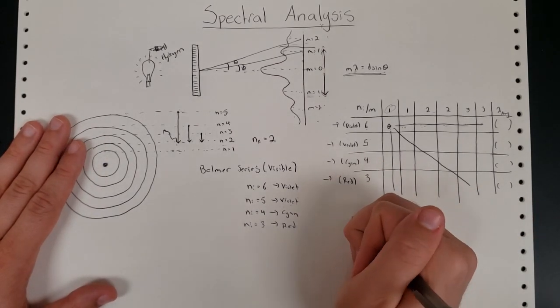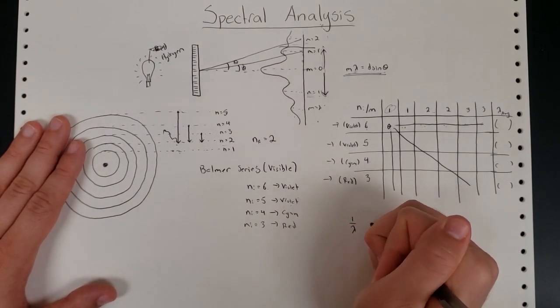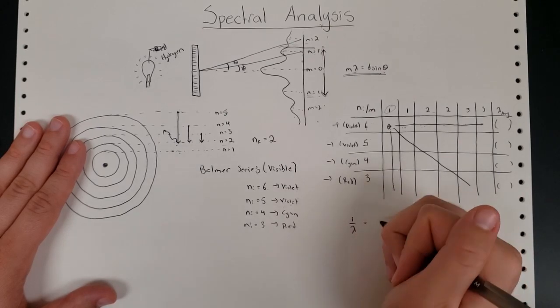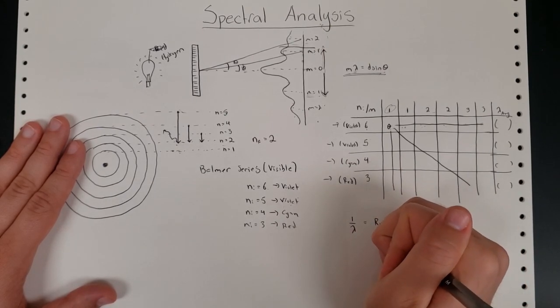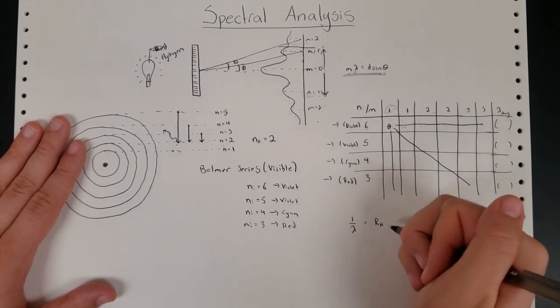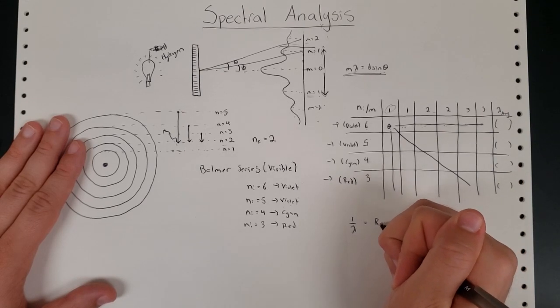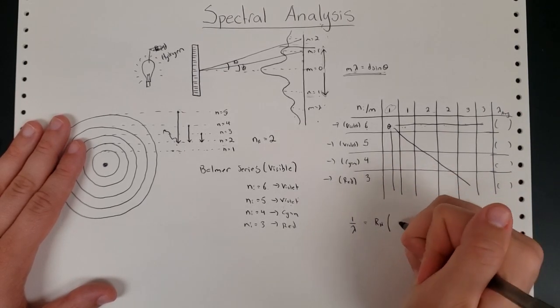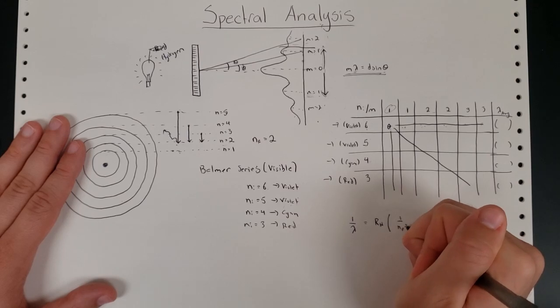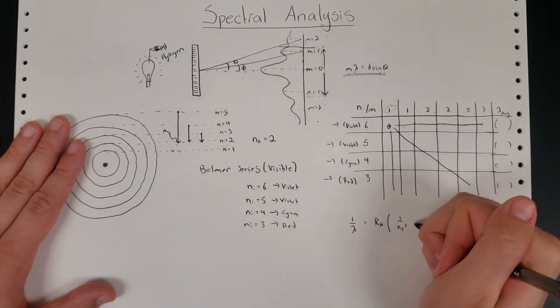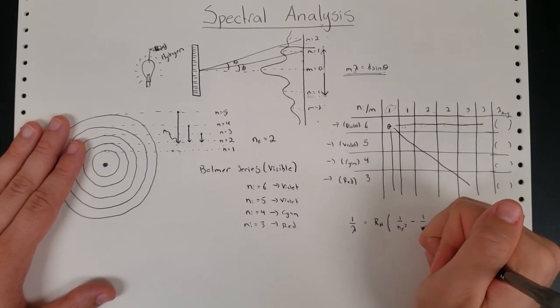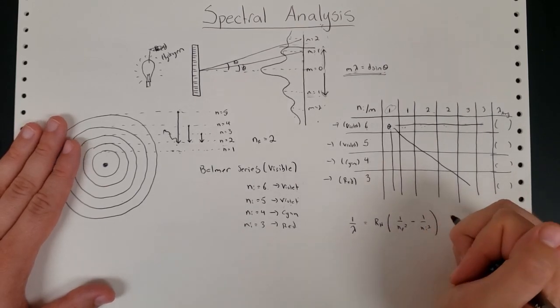Okay, so this equation looks something like this, where we have 1 over our wavelength is equal to the Rydberg constant, which is just R sub H because it's the hydrogen Rydberg constant. And then we have in parentheses the final energy level squared minus the initial energy level squared.